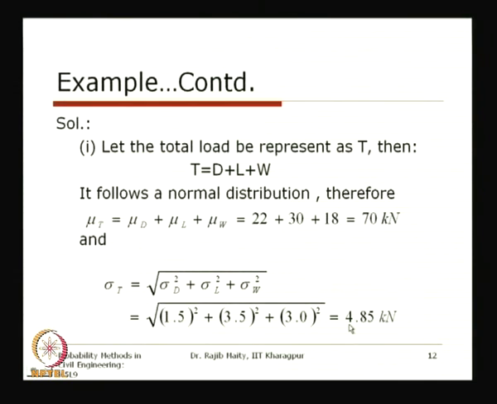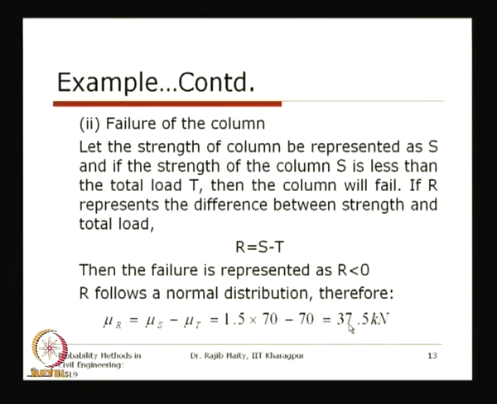Now, for the failure of the column, let the strength of the column be represented as S. If the strength S is less than the total load T, the column will fail. So, to calculate the failure, we have to consider the total load. Let R represent the difference between the strength and the total load.